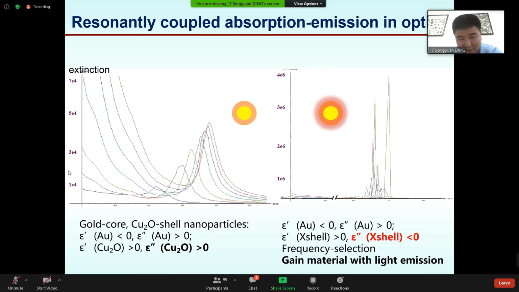Then we find that a resonance takes place, and the extinction is significantly enhanced. So the artificial shell material is a gain material, just like the gain material in a laser system. If the inner part and the outer part materials have opposite properties, then tunneling takes place.